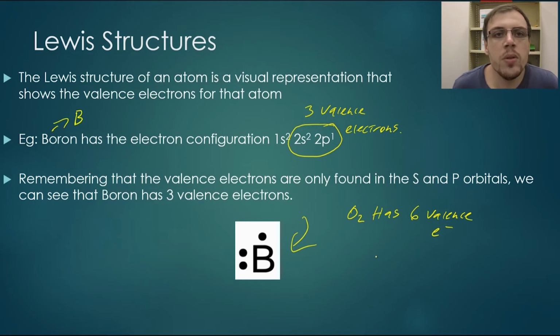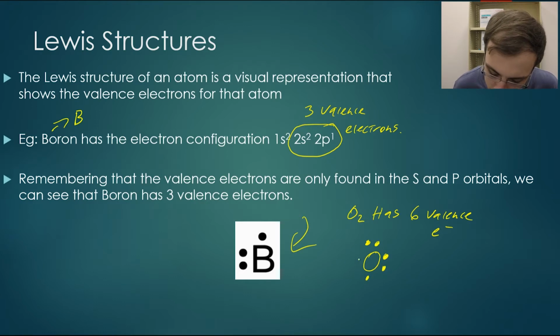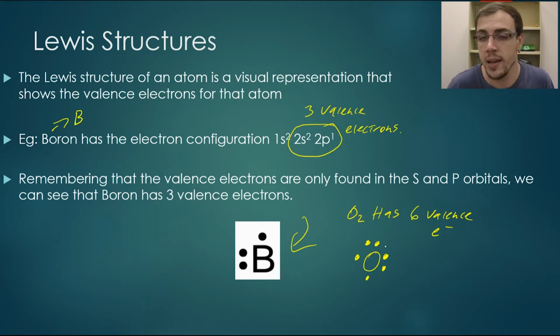So I draw the elemental symbol for oxygen, which is just O. And we can go 1, 2, 3, 4, 5, 6 electrons. And that is how Lewis structures work, in that we can just use a visual diagram like this to see how many valence electrons an element has, and this becomes very useful in determining a compound's 3D structure, which we'll see at the end of this video.